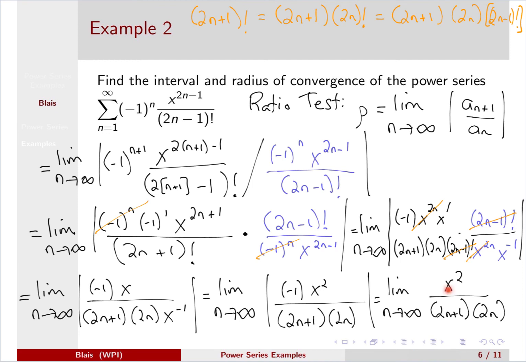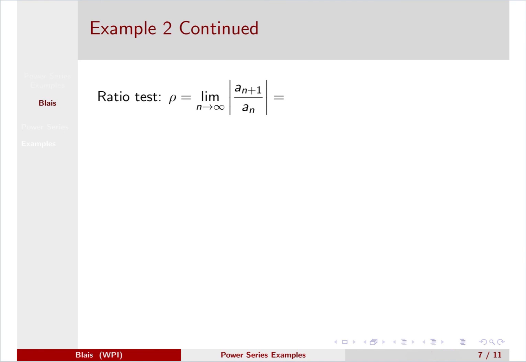And we can note that as far as the limit is concerned, x is a constant. So we can factor that x squared out. And this is where we get our result. This will be the limit as n goes to infinity times x squared, where the x squared came out of 1 over 2n plus 1 times 2n.